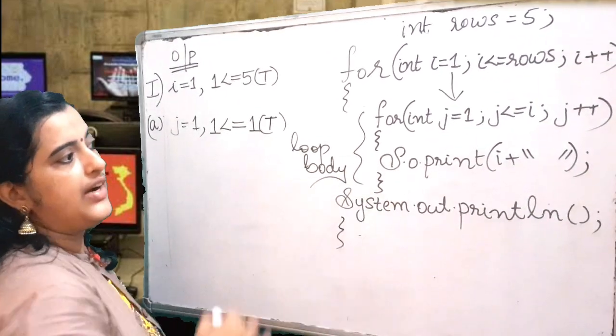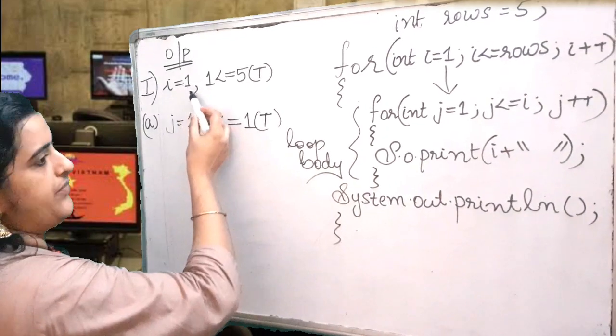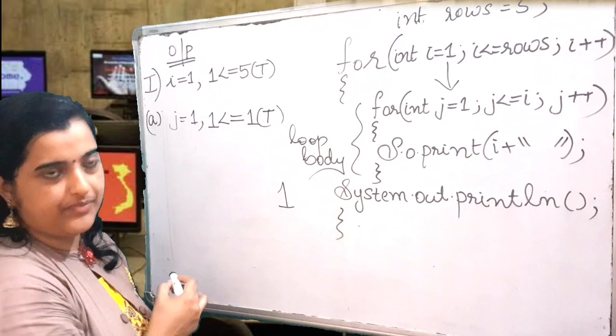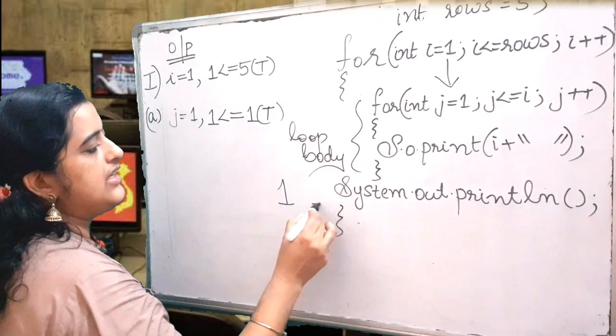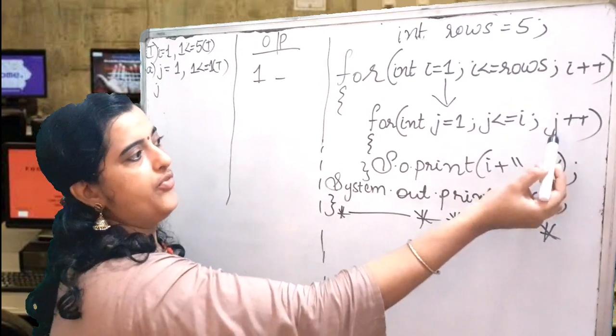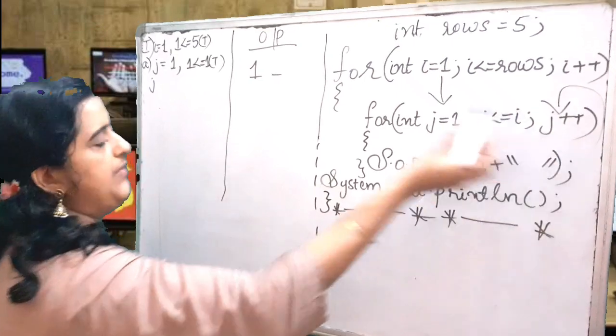When the condition is true, what happens? The value of I will be printed, which is 1. The outer loop variable 1 is printed, and after that a space is also there. After executing the loop body, of course the loop variable will get updated and j will become 2.